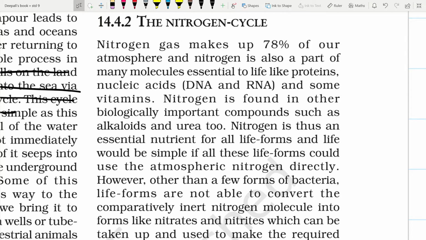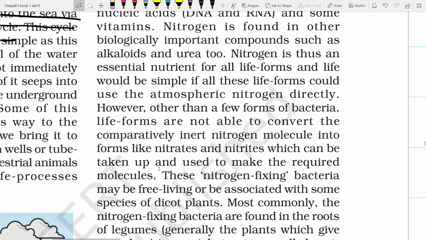Nitrogen is thus an essential nutrient for all life forms, and life would be simple if all these life forms could use atmospheric nitrogen directly. However, other than a few forms of bacteria, life forms are not able to convert the comparatively inert nitrogen molecule into forms like nitrates and nitrites, which can be taken up and used to make the required molecules.